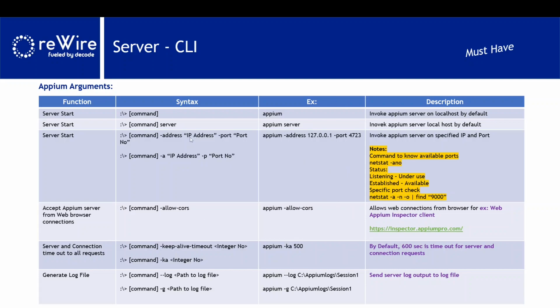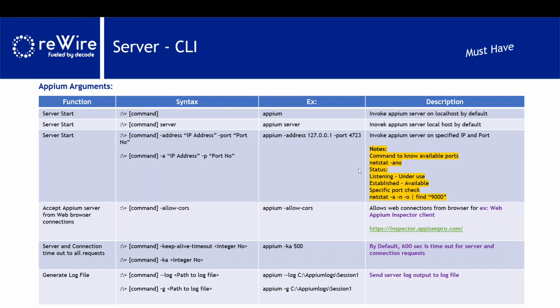One is that you can use appium directly, or else you can use the server address, or the short form, where you give the IP address and port number. Sometimes you may want to know which ports are available in your system. Here, port means a logical port that is assigned to your services.